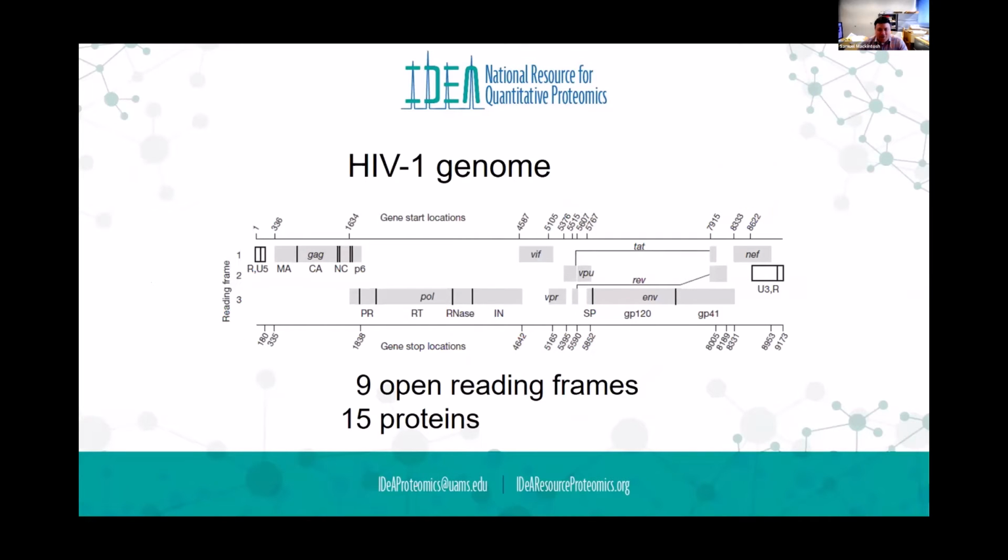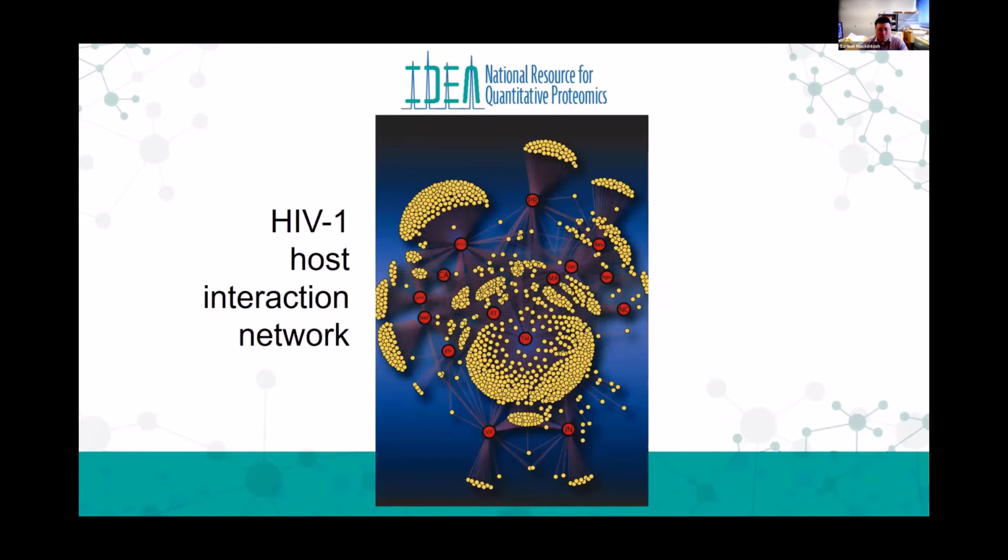So these next two slides show one of my favorite examples of the complexity inherent in what we're trying to do. Even if we're studying a small organism, or not even really an organism, like a virus with 15 proteins synthesized from 9 open reading frames, as with the HIV genome shown here, the biological problem is really going to be a lot more complicated.